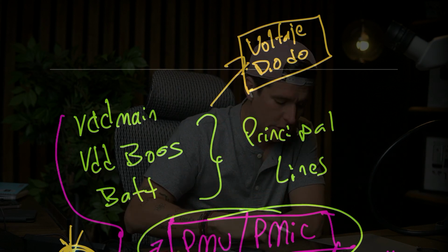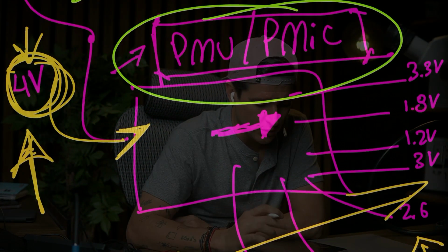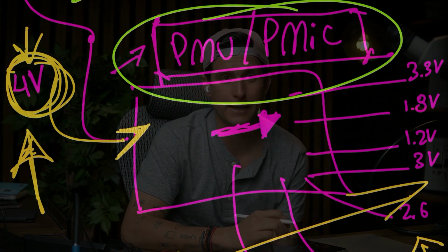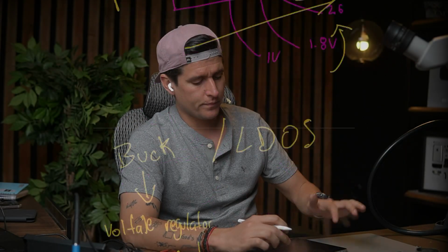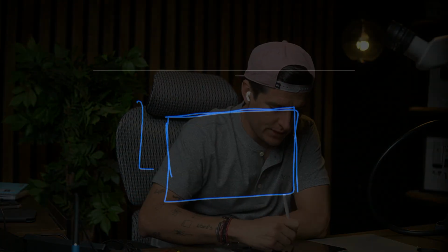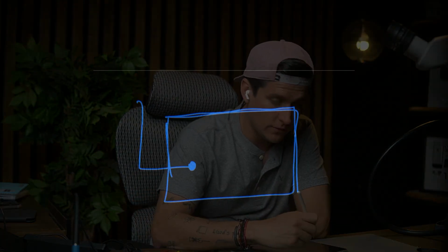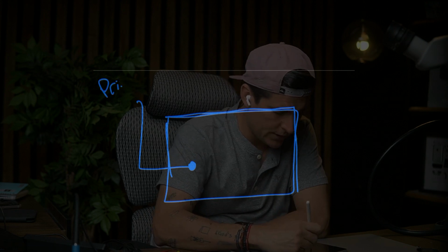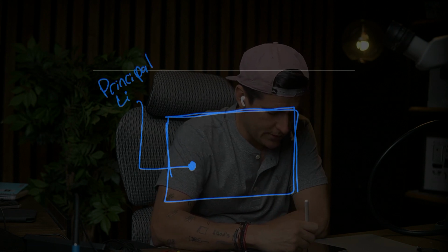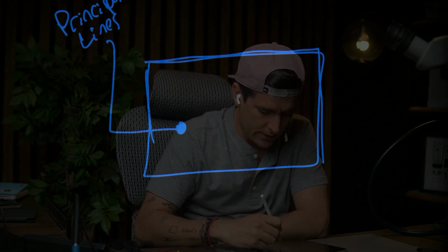If they are good, then we have to power on the PMU, okay? So remember, I also explained this to you. These are the principal lines, okay? And this is my PMU.